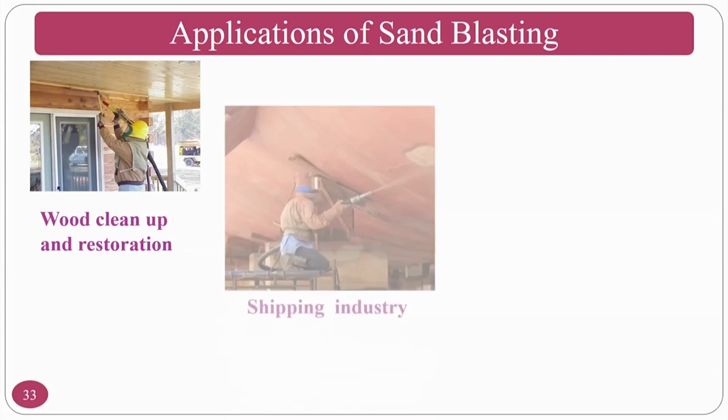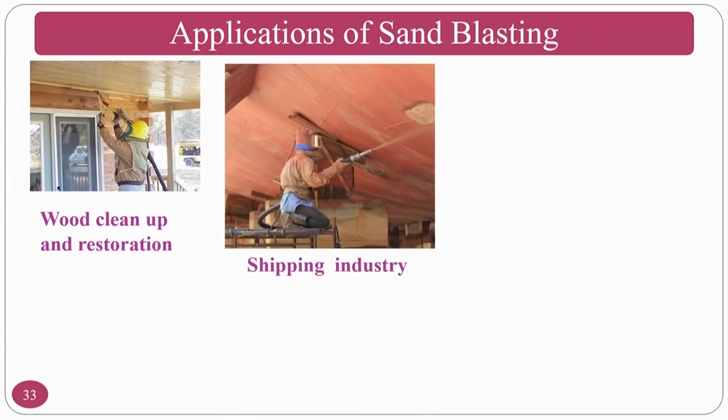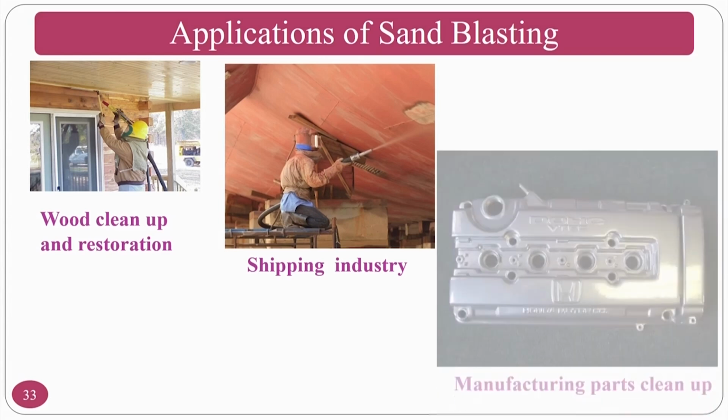People also use it in the shipping industry for anti-foul coatings. Sometimes these coatings have to be removed, so they want to remove everything and coat it again, or they want to create a super hydrophobic surface so that they can coat good coatings on top of it. For those applications people use sandblasting.